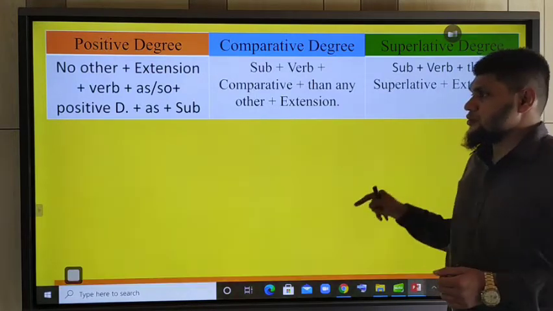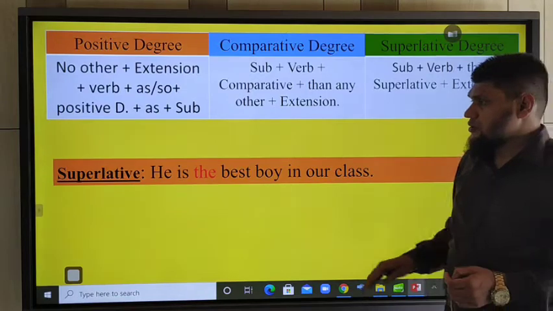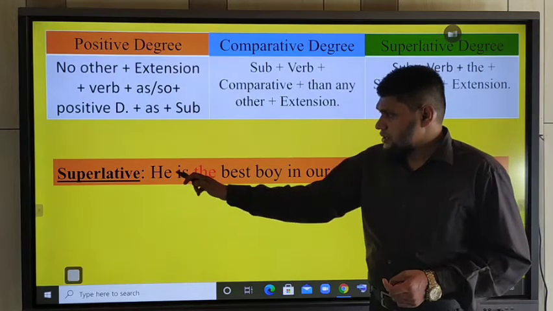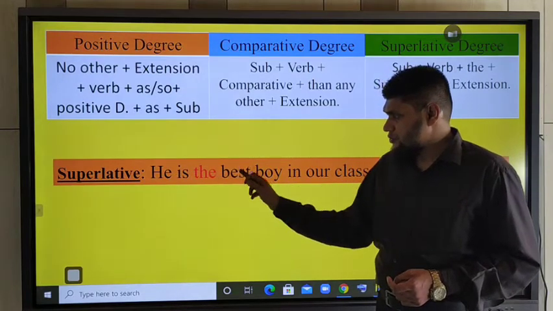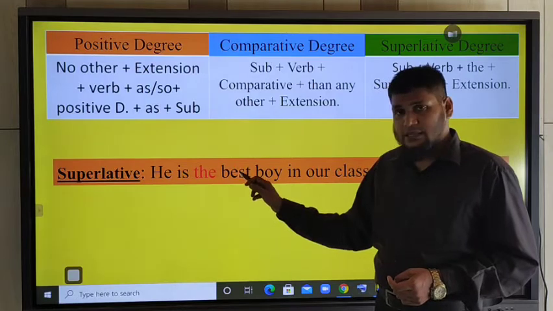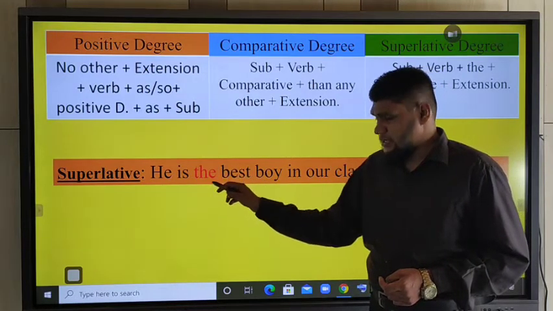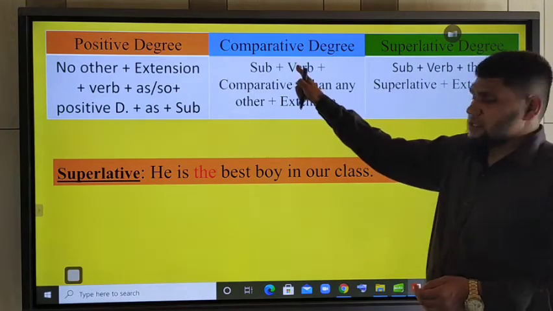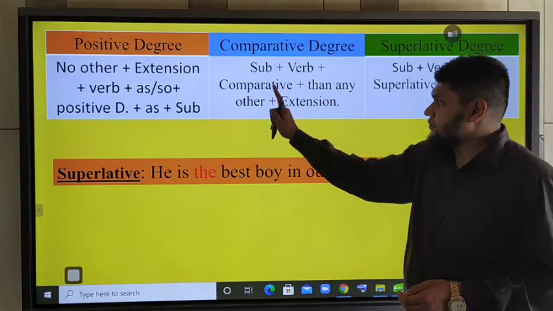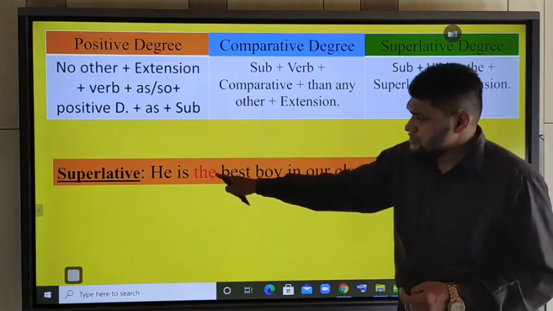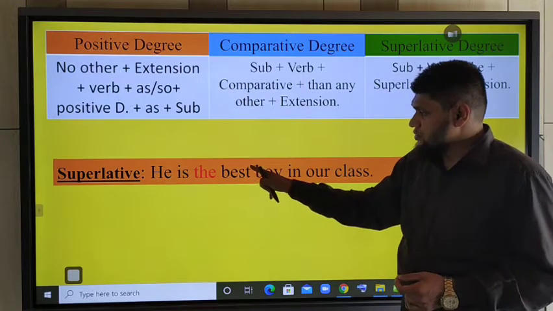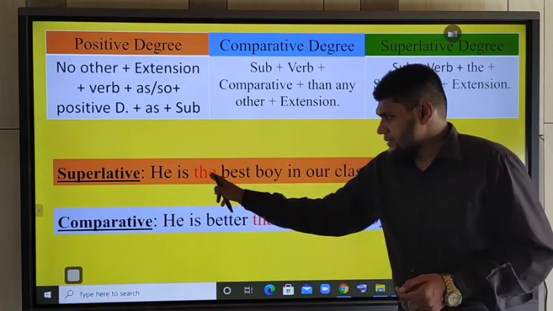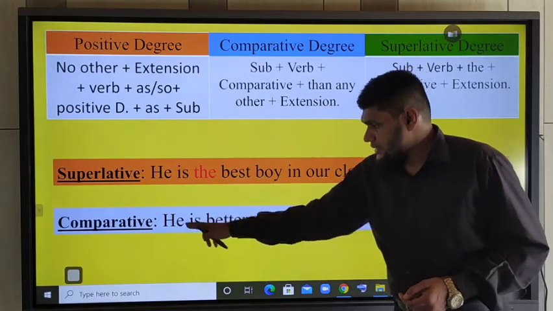So from an example we may learn. Here's the example of superlative degree. He is the best boy in our class. So he is the subject, and the is used before the superlative degree of the adjective. If you want to change it into comparative degree, you should use subject and verb at first, and that time you should not use the, you should avoid the, and you should use the comparative form of the superlative adjective. So we might take the example, he is the best, you should use he is better.